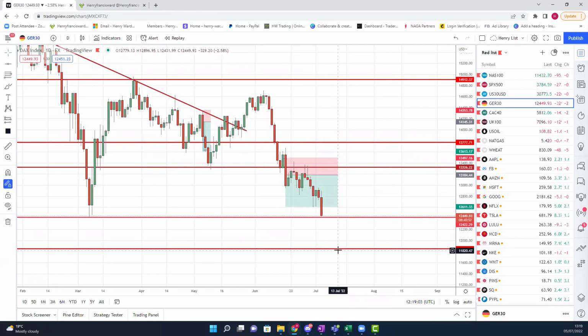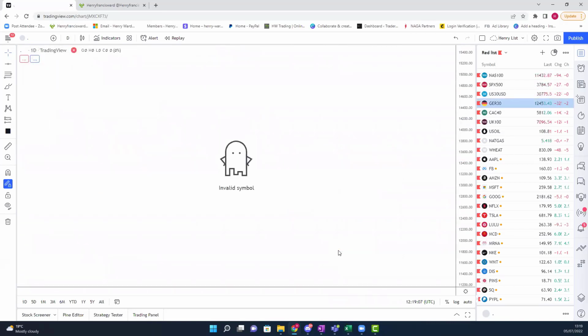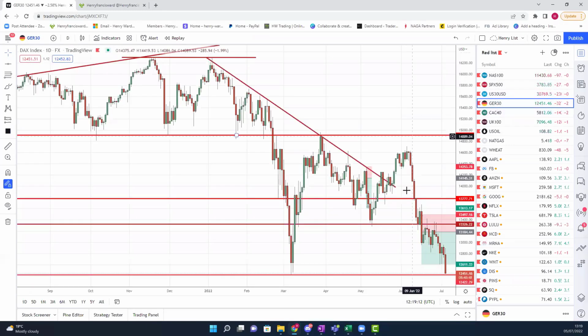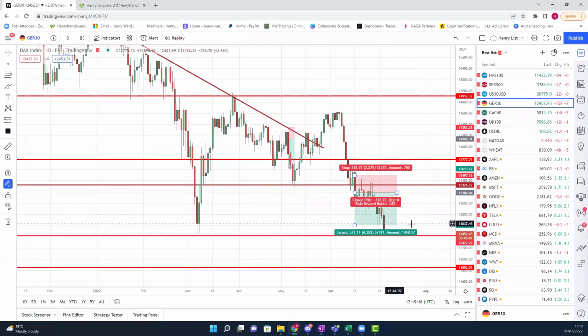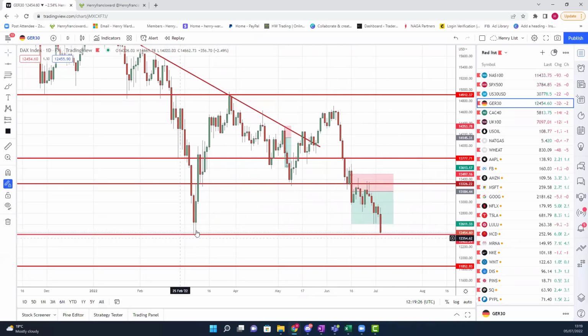They are the two things I would expect to happen today: to potentially have a big wick here, or smash through this and continue going. Because we are sitting on a little floor, the amount of people who will be looking at this and potentially buying it here on the smaller time frames.